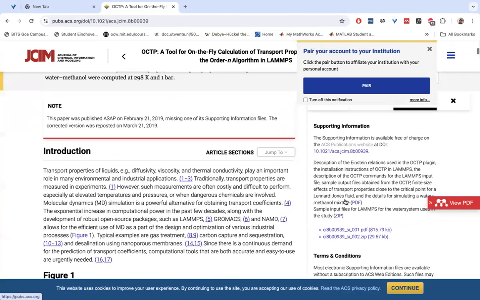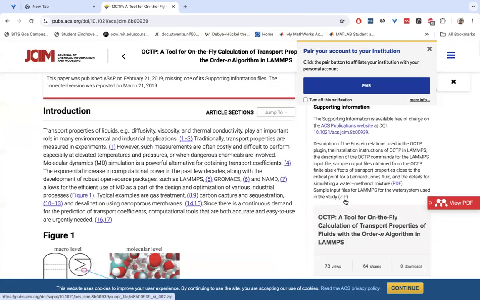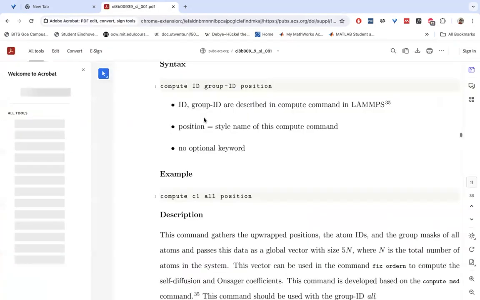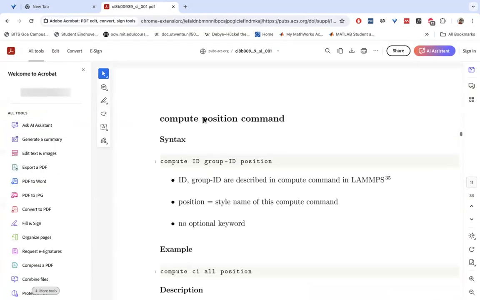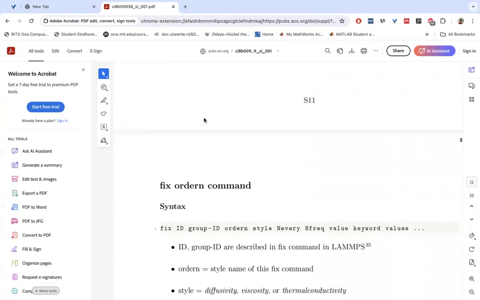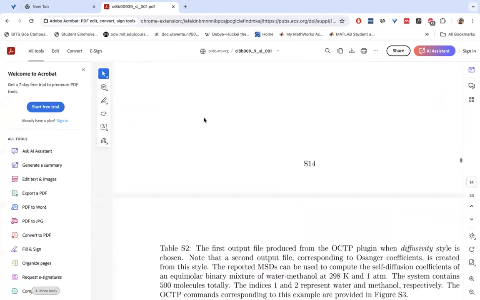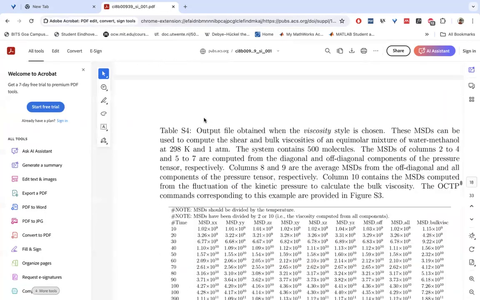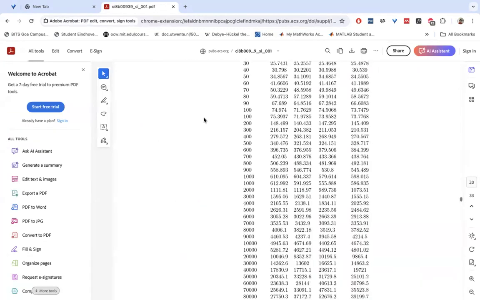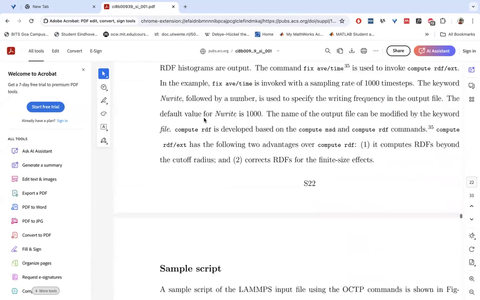Now, to install this particular module, we open the supporting information of this article. I scroll to the end of this article, which provides all the details.